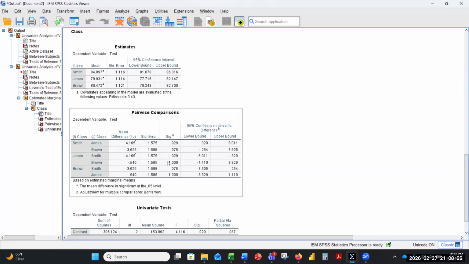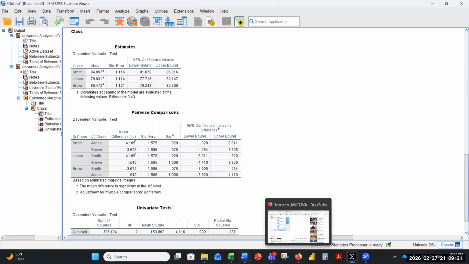Between Smith and Brown, the significant value is 0.075, which is greater than 0.05, and there is no significance. And then we look at Jones to Brown, which has a significant value of 1, which is greater than 0.05, and there is no significant difference.